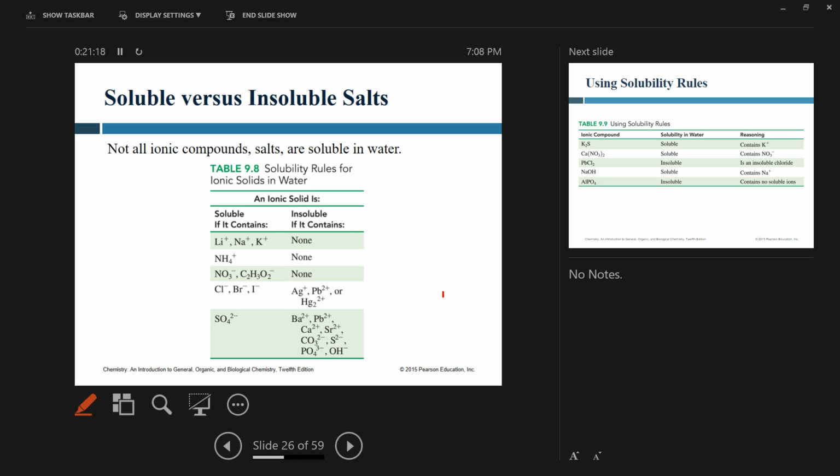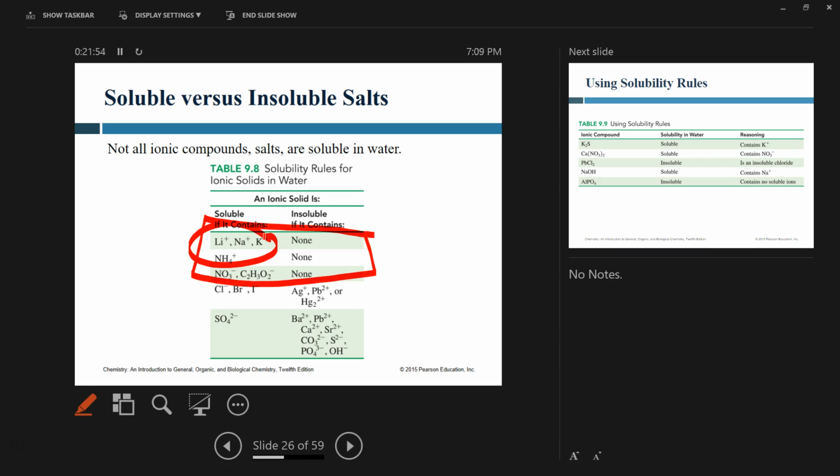Now, despite the fact that we constantly talk about salts being strong electrolytes, not all the salts are soluble in water, as you now know. And here are some rules to remember. Lithium, sodium, potassium: all salts are soluble. I would add all common salts are soluble.